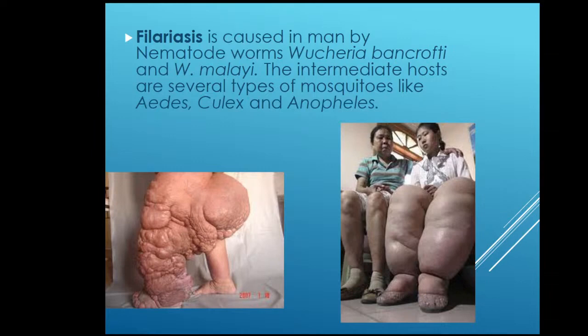This parasite, Wuchereria bancrofti, blocks the lymphatic vessels, mostly of the lower extremities, and causes enlargement of the lower extremities. We can be infected by this disorder by bites of female mosquitoes Aedes, Culex, and Anopheles.